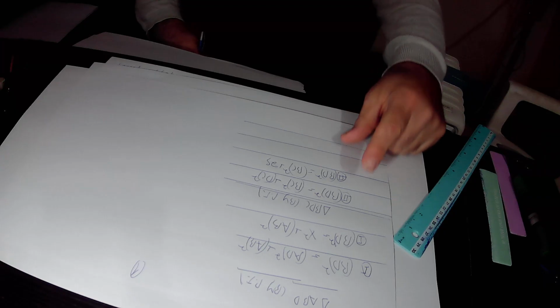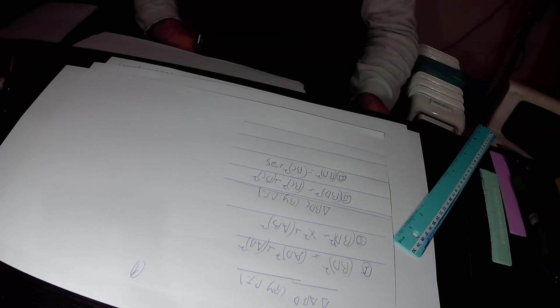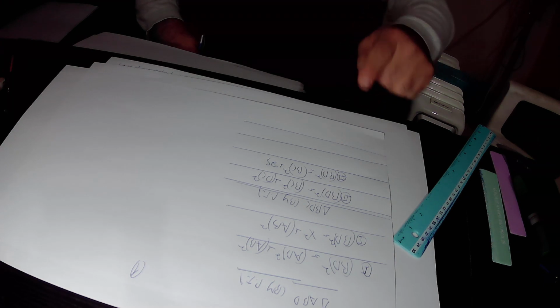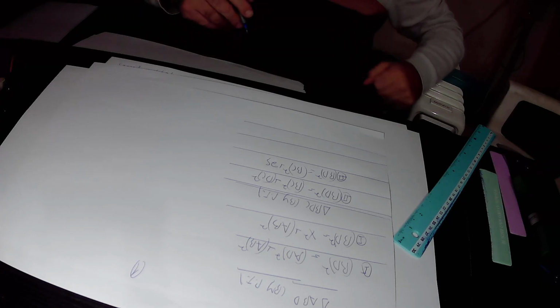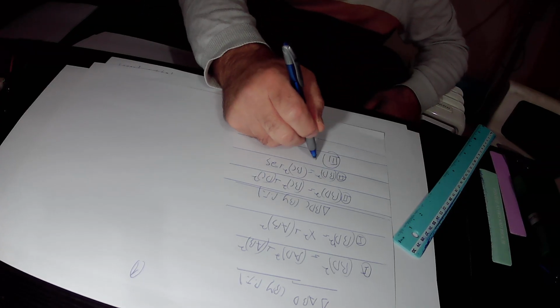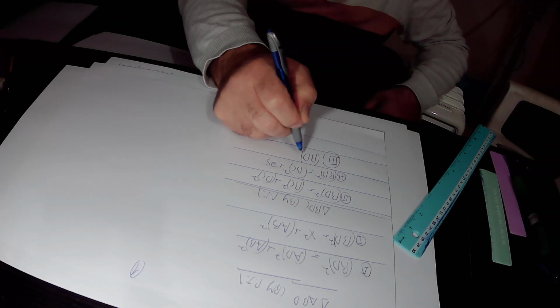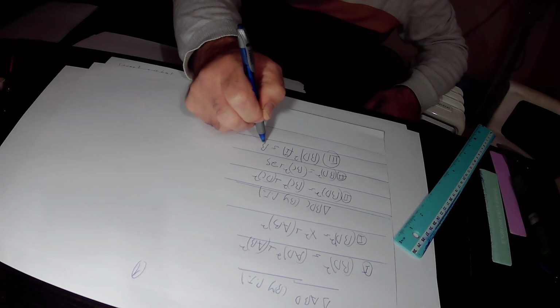So we have two different equations for BD square. Therefore, we create equation 3, which says that BD square according to equation 1 must be equal to BD square according to equation 2.